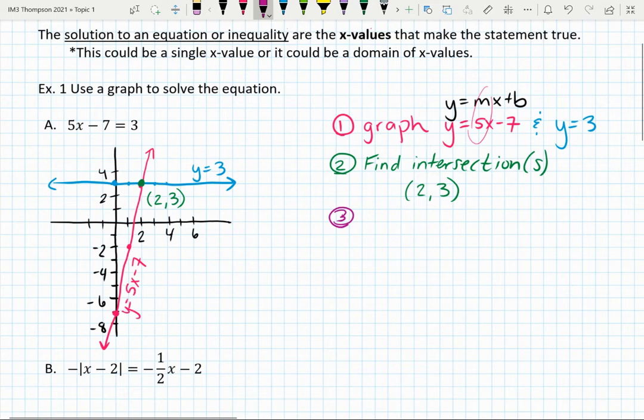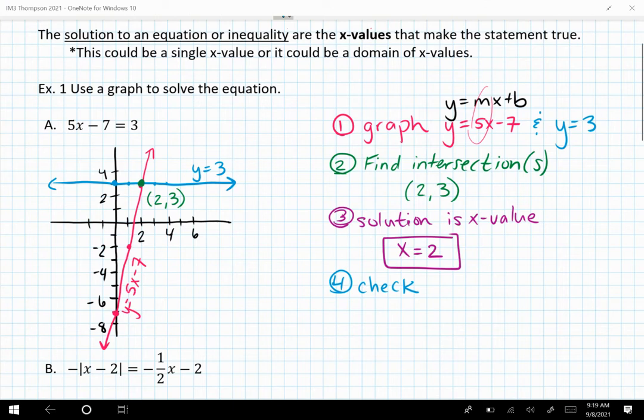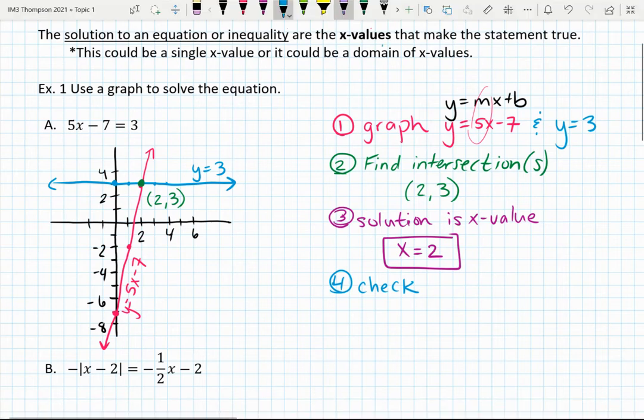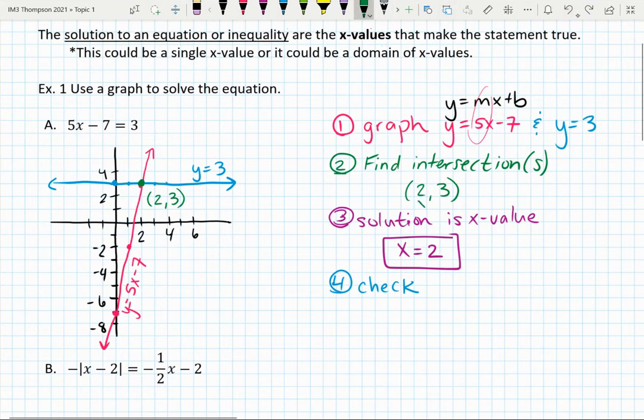So I only want the x value from these intersections. So the answer is 2.